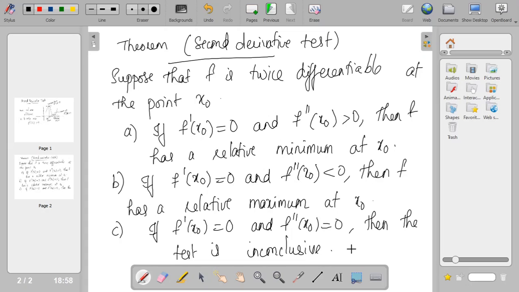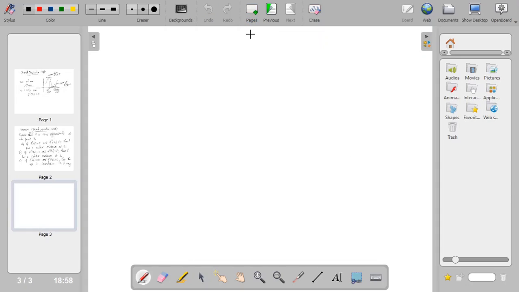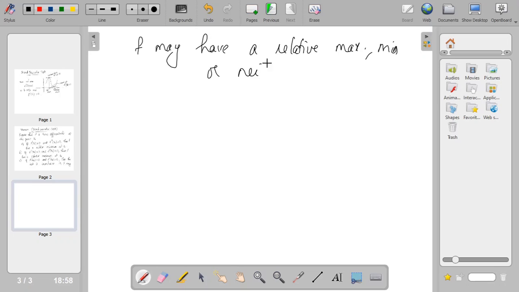That means f can have a relative maximum, relative minimum, or neither at x naught.